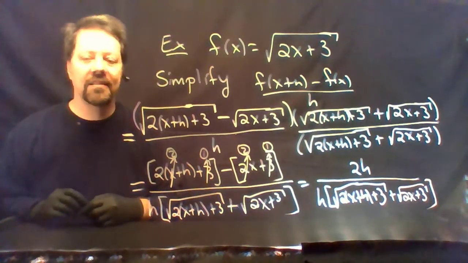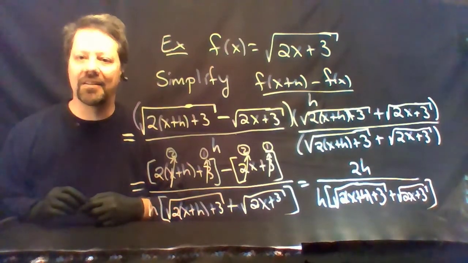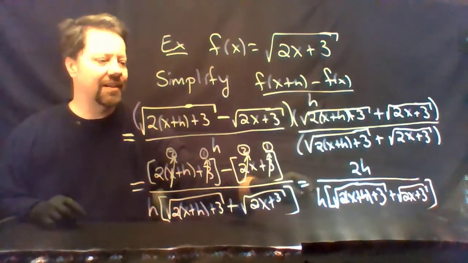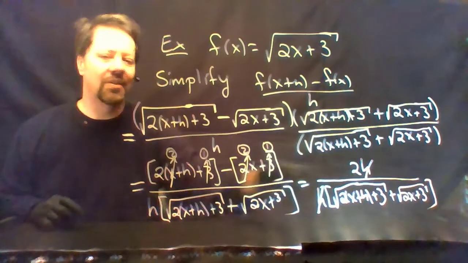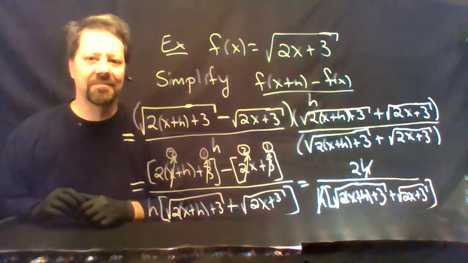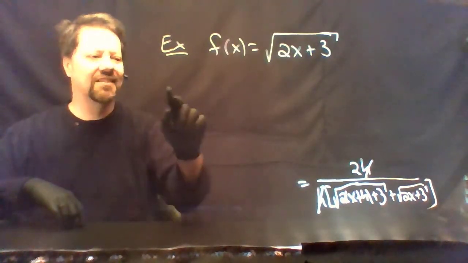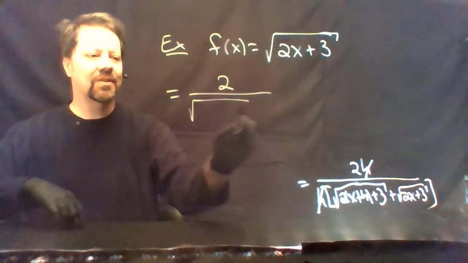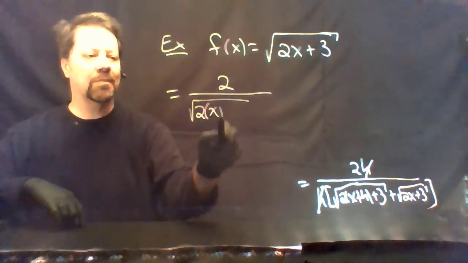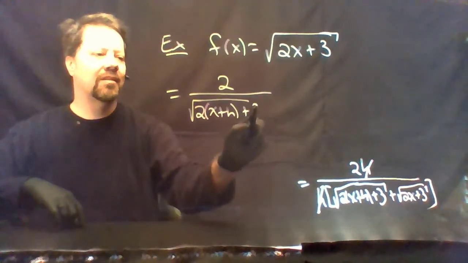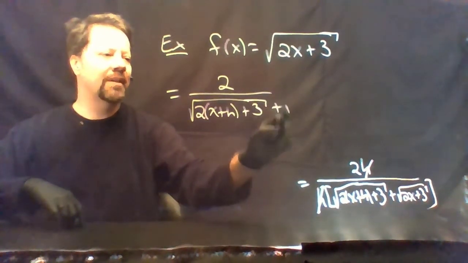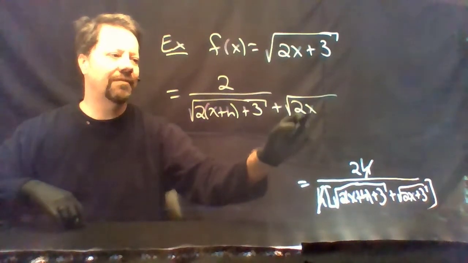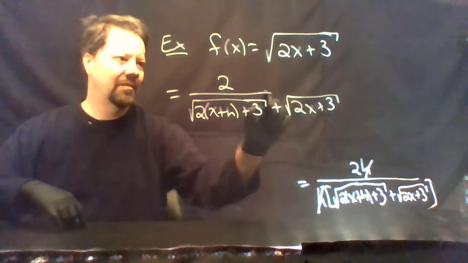At this point, h is a common factor of both the numerator and the denominator, and so we can cancel that common factor. Our answer is 2 divided by the square root of 2 times the quantity x plus h plus 3 plus the square root of 2x plus 3.